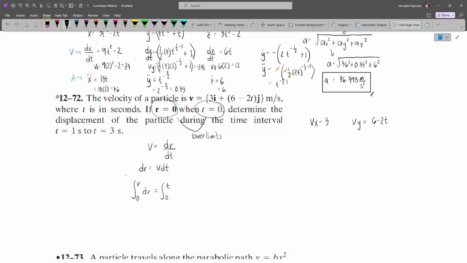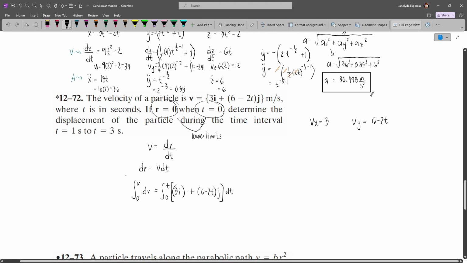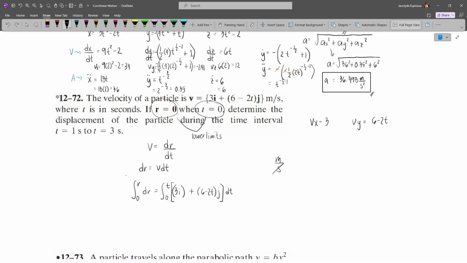Now the velocity is 3i and then plus 6 minus 2t j. And then we'll integrate this with respect to time so that we'll be able to eliminate the unit of time at the denominator. So recall that the unit of velocity is meter per second, and so if we integrate with respect to time, we can remove this. So we now have a unit of position.